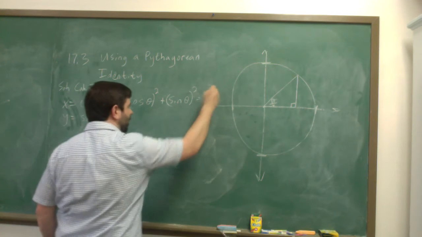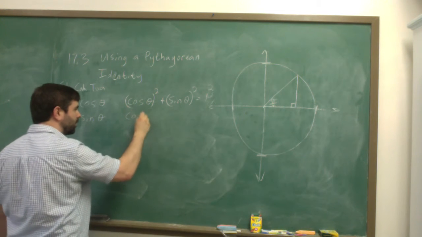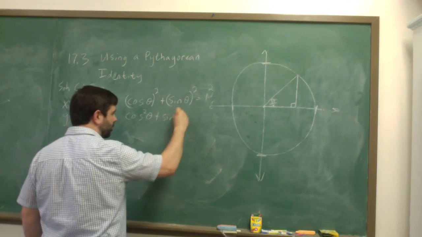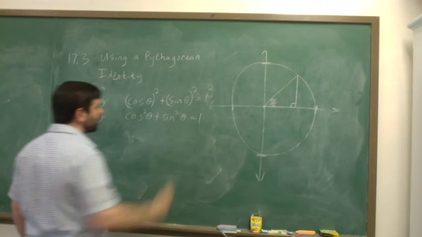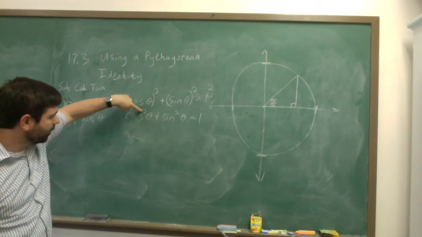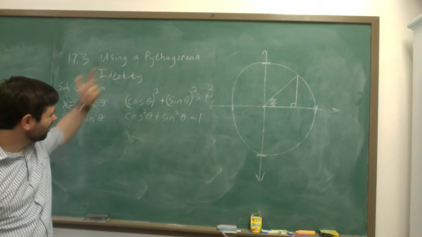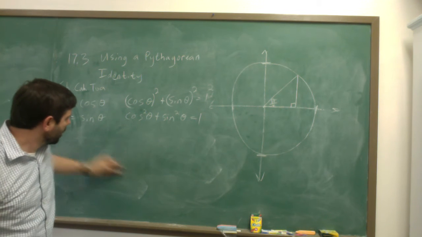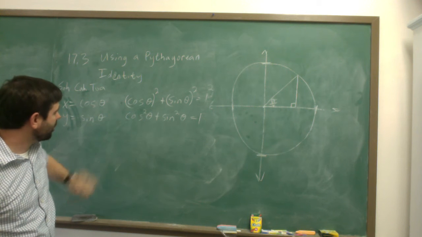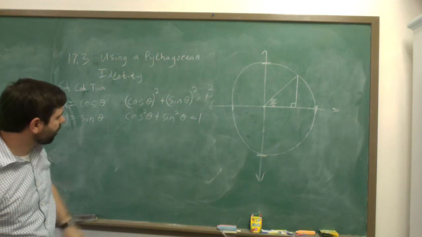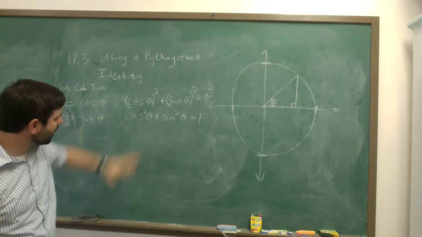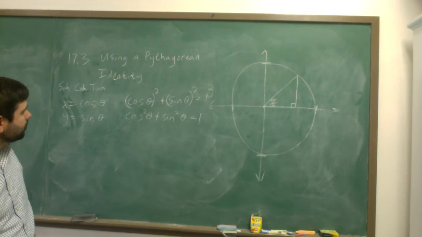The way you're going to commonly see this written is cos squared of theta plus sine squared of theta equals 1. When we talk about squaring a trigonometric function, we put the squared before the theta symbol. It's just the way we write it. It's clearer than putting it after the theta, because you might mean the theta itself is squared, but it's the whole cosine of theta squared.